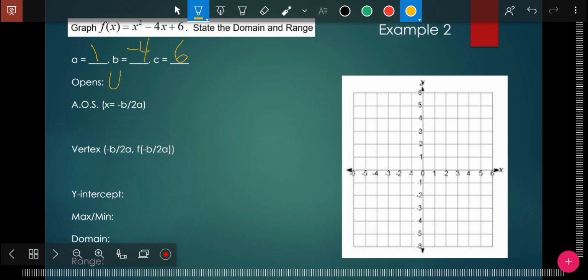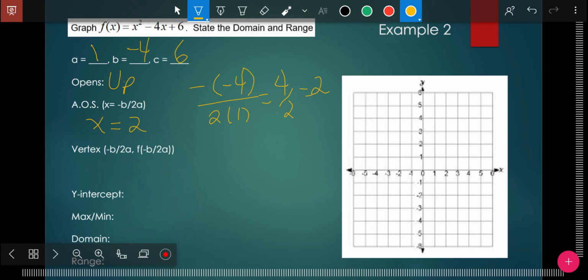It opens up. What is my axis of symmetry? -b over 2a ends up being +4 over 2, which ends up being just 2. And so x equals 2.